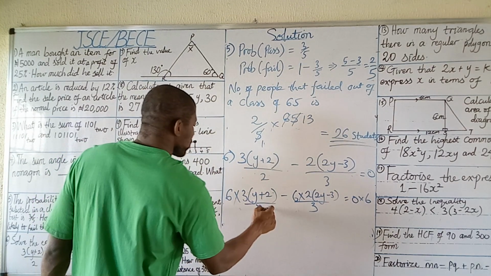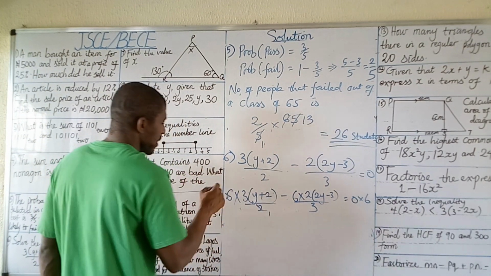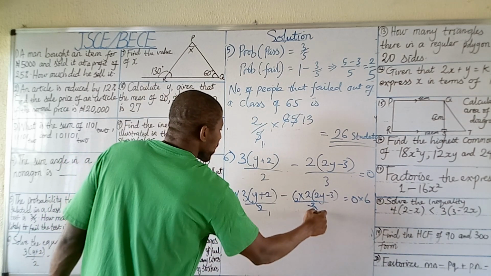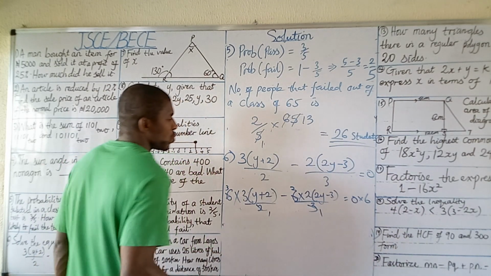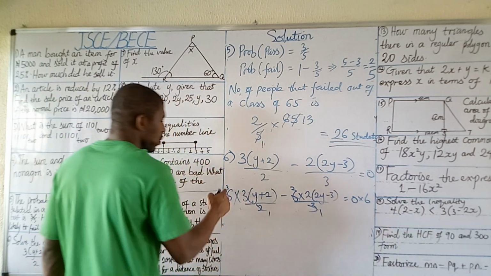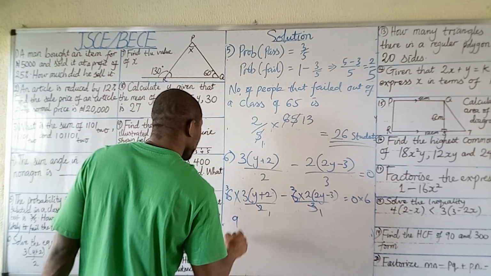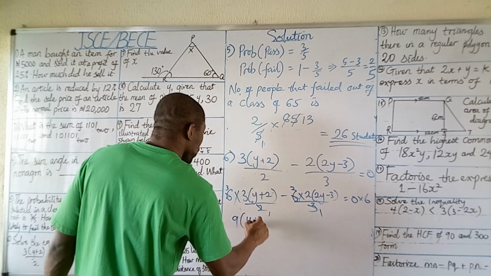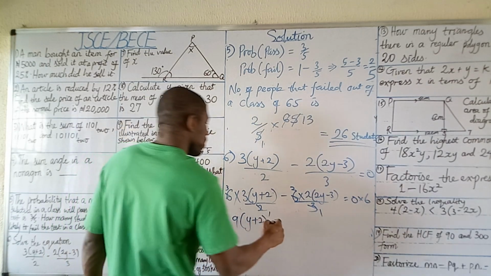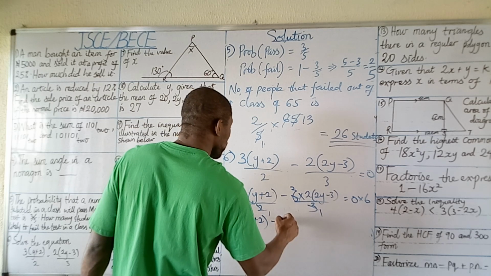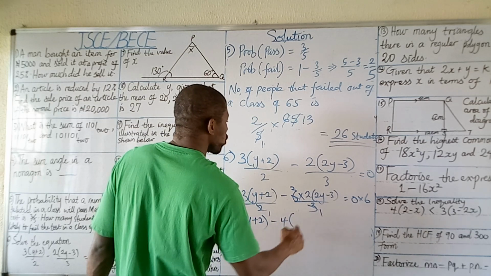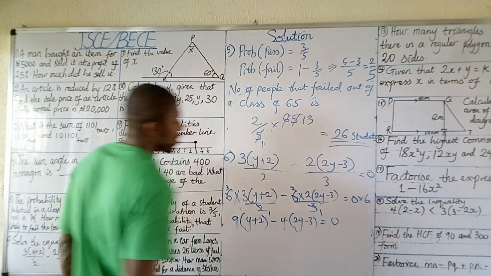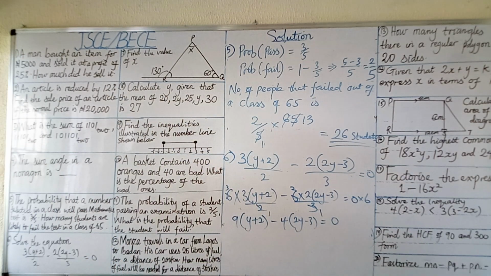So 2 in this is 1, 2 here gives me 3. Okay? 3 here is 1, 3 here gives me 2. Okay, so I'll go 3 times 3 will be 9 bracket open y plus 2 minus 2 times 2 will give me 4 bracket open 2y minus 3, all equated to 0 because 0 times 6 is 0.